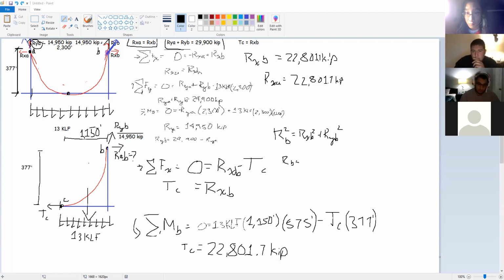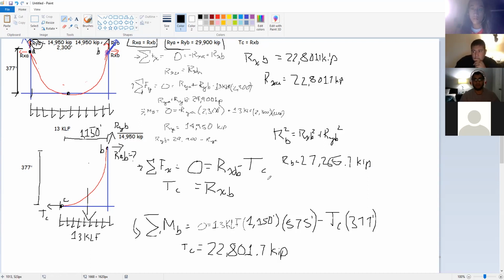Oh, they're the same. Okay, yeah. Take the square root of all of that, and you get RB equals 27,265.7 kips. Make sense? And so that's the reaction.